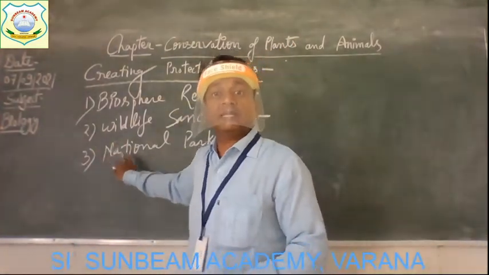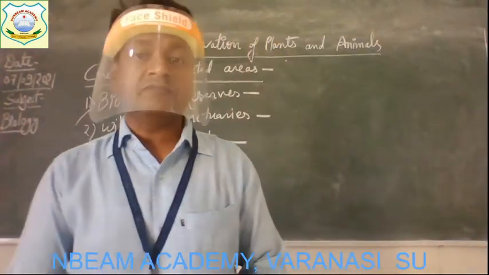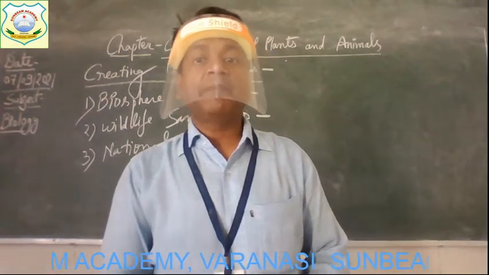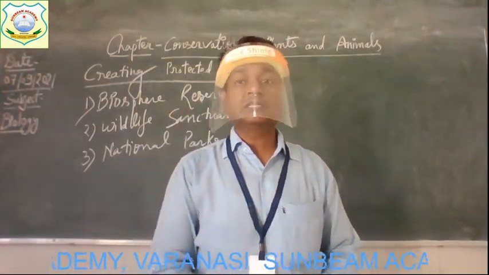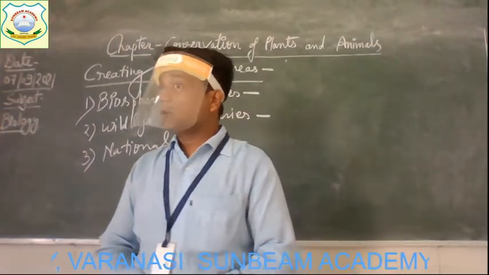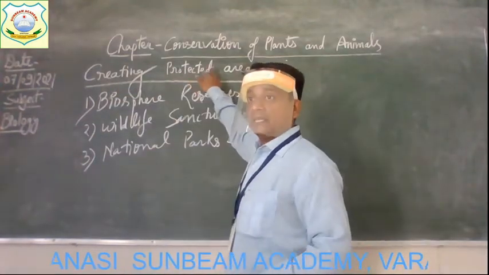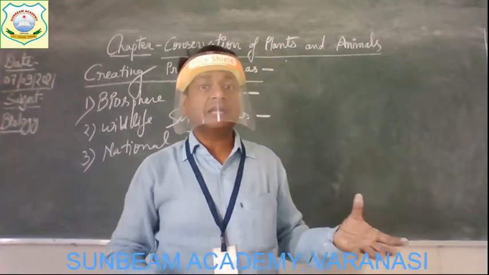To effectively implement the methods of conserving forest and wildlife, the government has set aside permanent protected areas for conservation of biodiversity in that area. As I have already told, the government has created some protected areas. What is going to be protected?